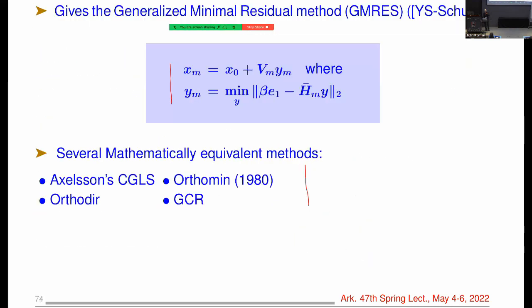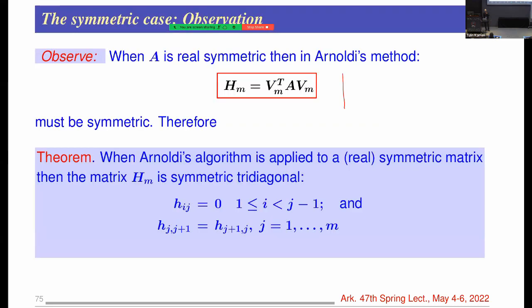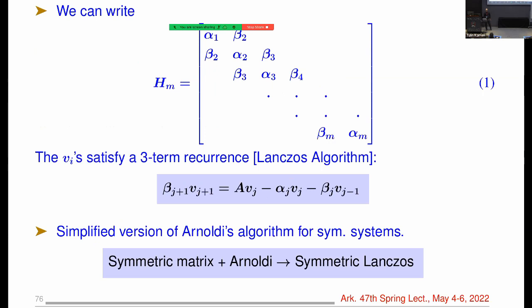In practice, you have other difficulties. It's not going to be orthogonal after a while. So this is what you get: Hm is tridiagonal. And that's how you get the Lanczos algorithm.